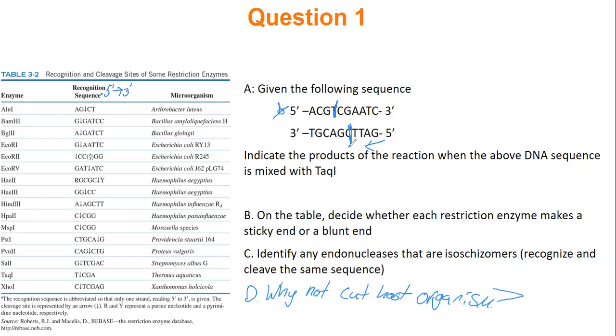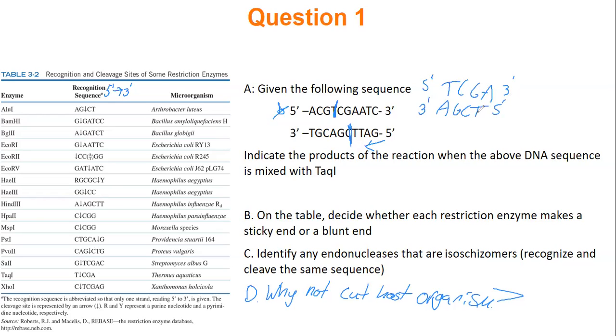So if you notice, TCGA on one strand, on the reverse strand, it is AGCT, or 5' to 3' TCGA. So restriction endonucleases, for the most part, always cut palindromes.